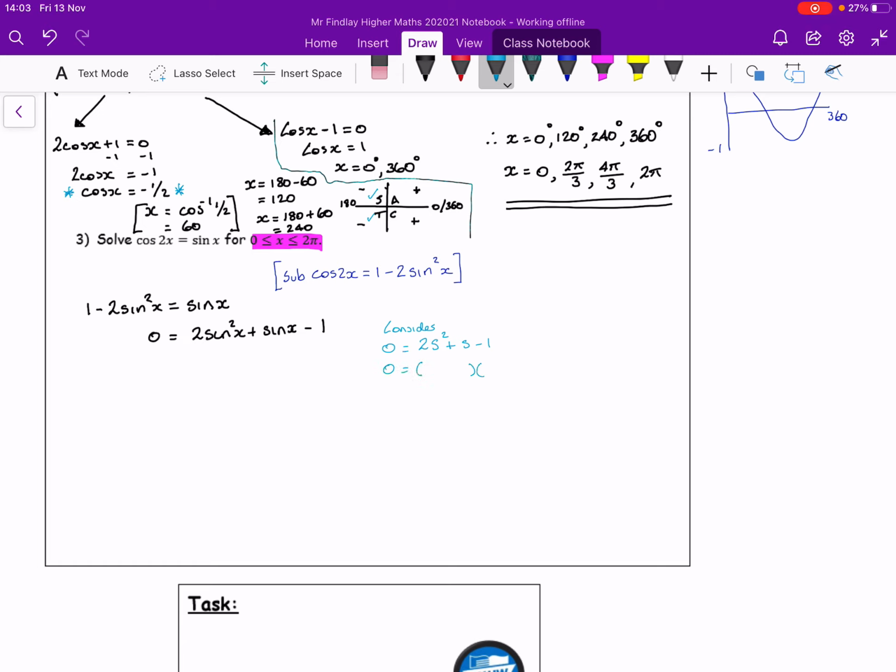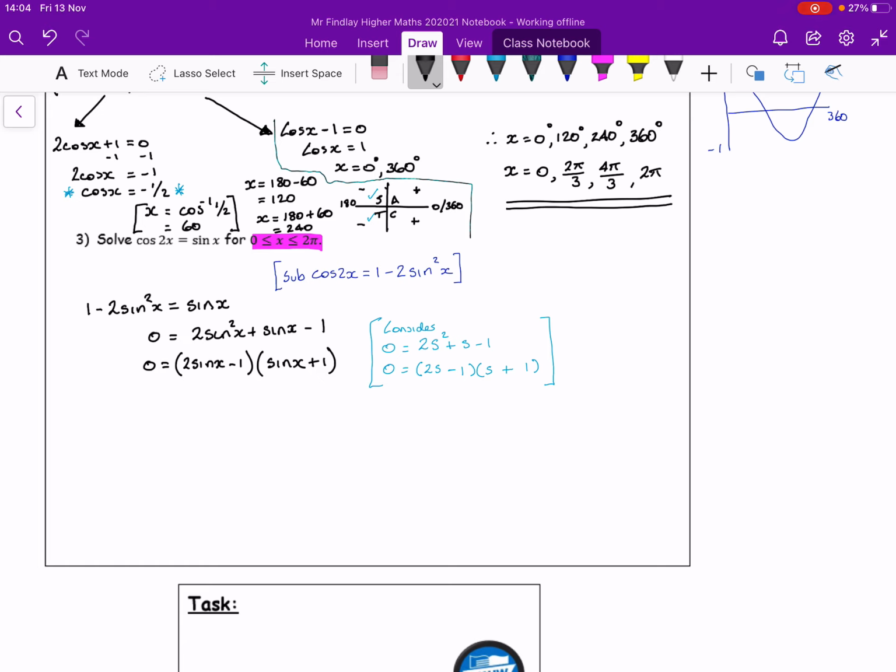So again, let's factorise that out. 2s and s, 1 and 1, and this time we have plus and minus. So if I can factorise that quadratic, that's going to simplify out to become 2 sin x minus 1, sin x plus 1.